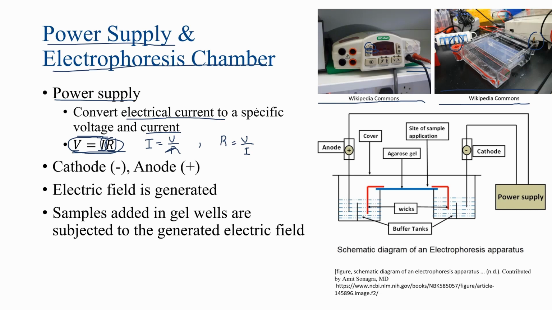Importantly, you should understand the principle of a cathode and an anode. For example, the black wire that you see in the power supply will connect to the black spot here. This is where your cathode is, and your cathode is negatively charged.